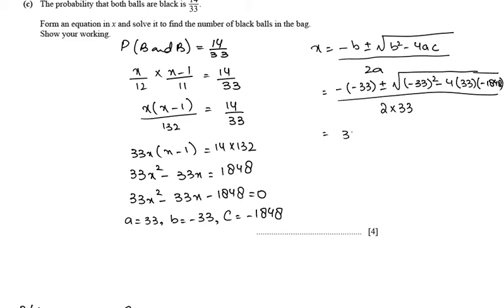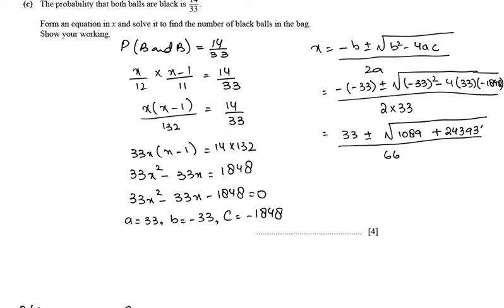Now it is 33 plus minus under root, we will take the square of 33, and minus minus will be plus, 4 multiplied by 33 multiplied by 1848. So the square of 33 is 1089, and when we multiply 4 by 33 and 1848, it's 243936.